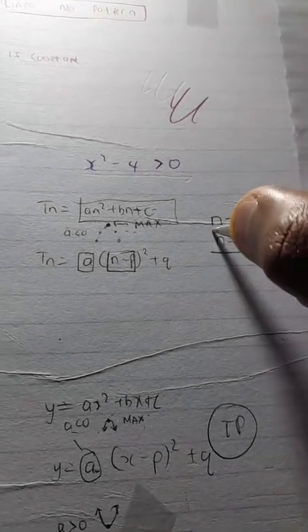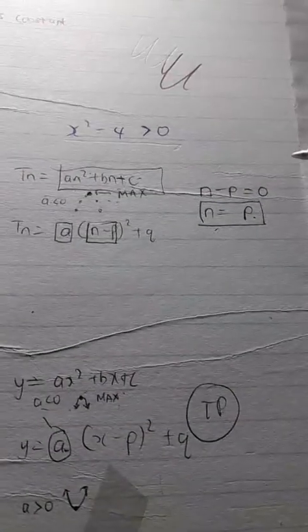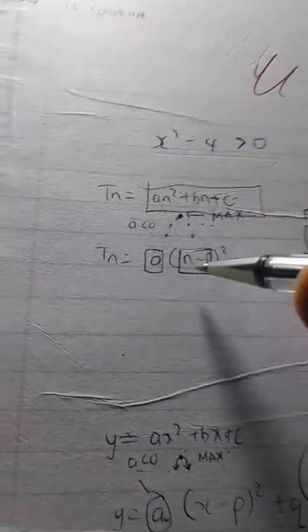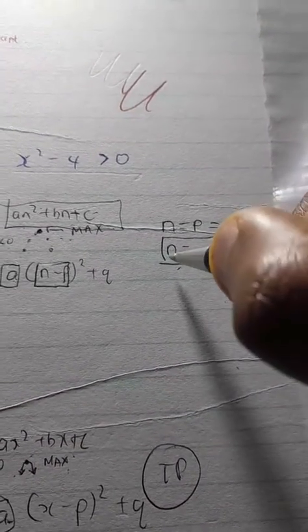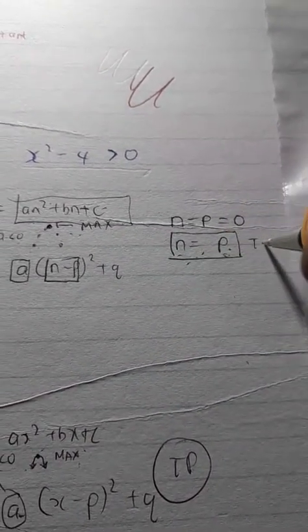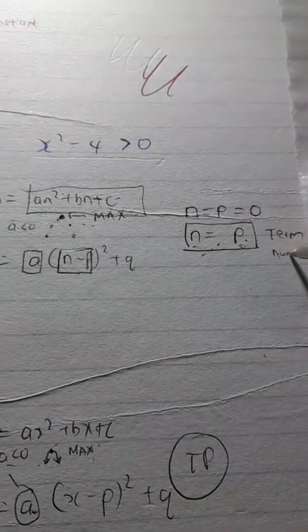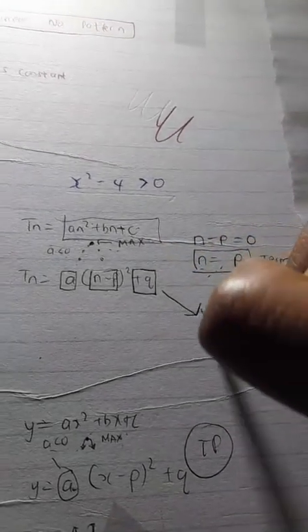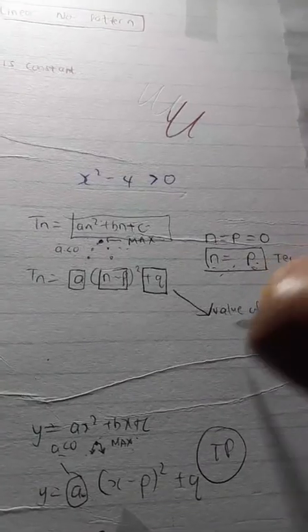This will give you the term number. So n = p is the term number. Then this q here will give you the value of that term.